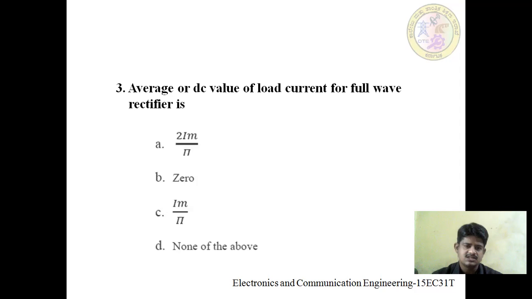Can you answer this? Okay, so the correct answer for this question is option A, that is 2 Im by pi. This is the average or DC value of a load current for a full wave rectifier.